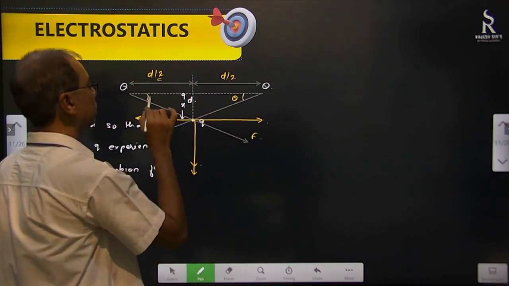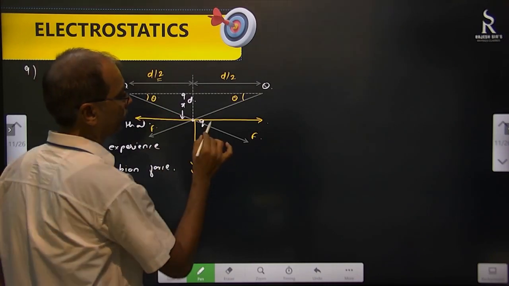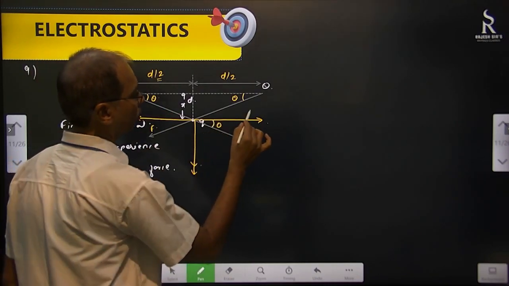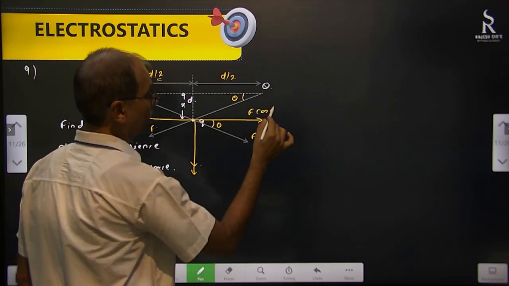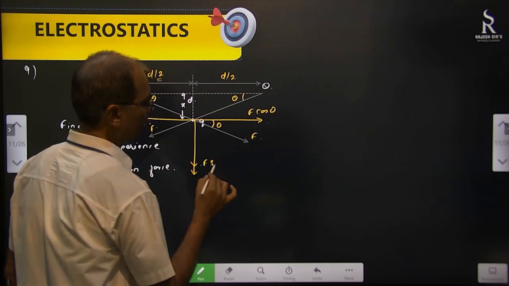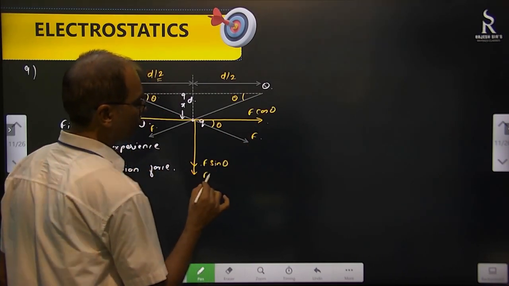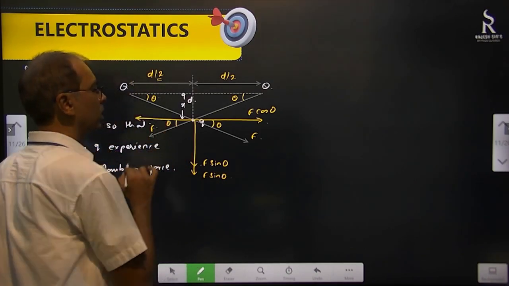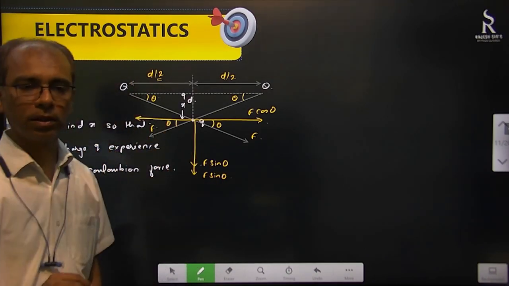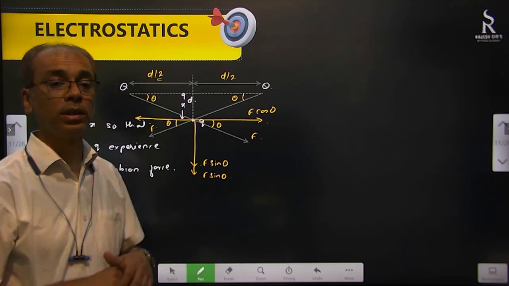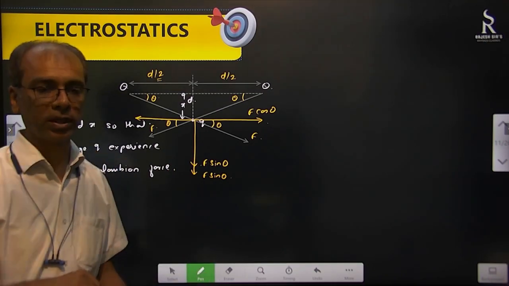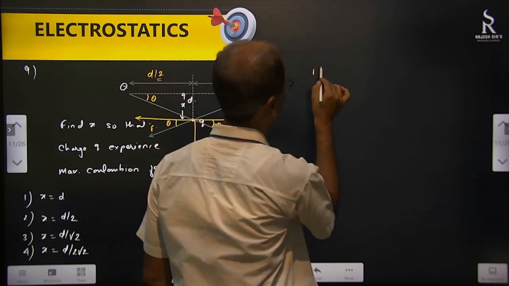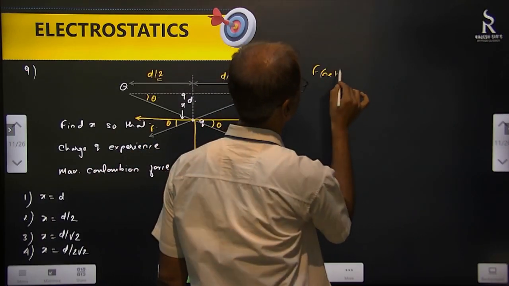So this F with horizontal makes theta, so this is F cos theta which is getting cancelled and this is F sin theta which will be added. This is also F sin theta. So what is the net force? Let's find first the net force, then we will think about how it is going to be maximum. Net force is 2F sin theta.